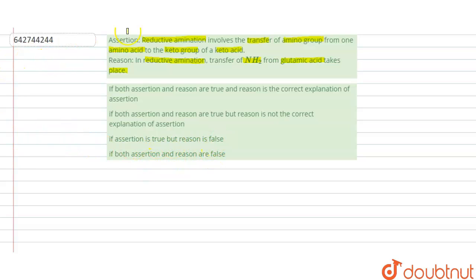Now, when we talk about this thing, the reductive amination, what do we understand by reductive amination?